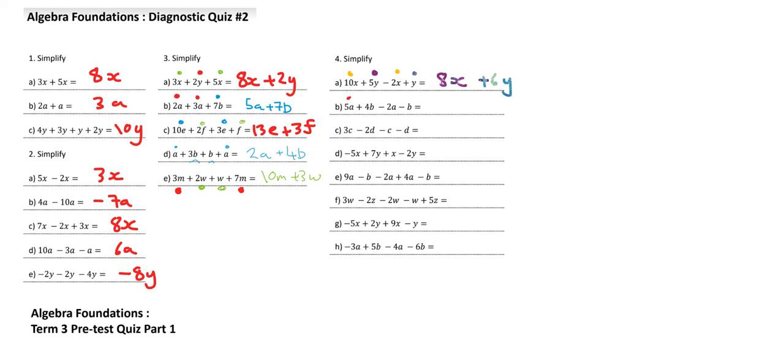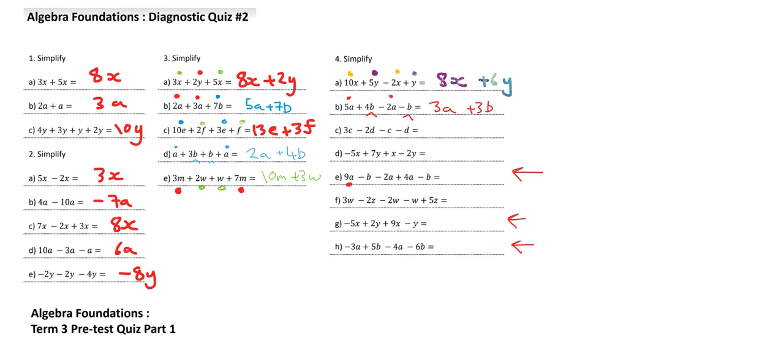These are like, those are like. So here we've got 3a plus 3b. And let's do the three more, and then we'll move on to the next slide.